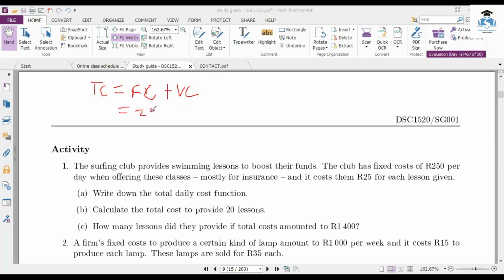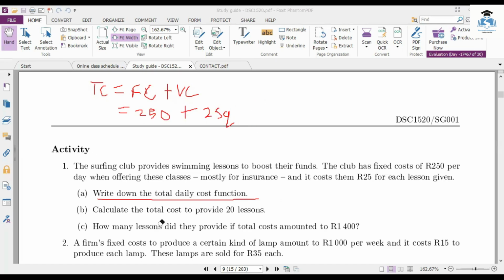Then our variable cost? We're going to simplify it and say variable cost is going to be C times Q, which is going to be 25Q. So they said write down the total daily cost function. So this will be the function that they require.